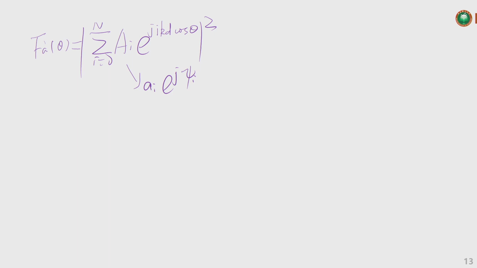That means the array amplitude distribution, we call this one the amplitude, and this phi_i is related to the phase.